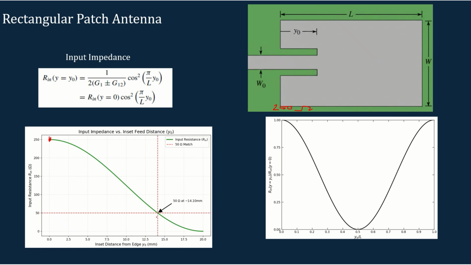Then I can find the position along the length where the impedance becomes 50 ohm. Here you can see that at around 14.1 the impedance is 50 ohm. So I have to feed the patch at the point of 14.1. This length is 14.1 to have a better impedance matching. That is the importance of input impedance: to find where you have to feed the antenna.